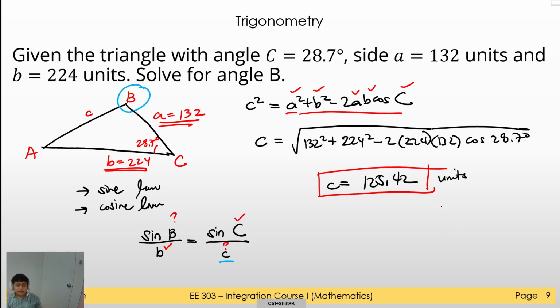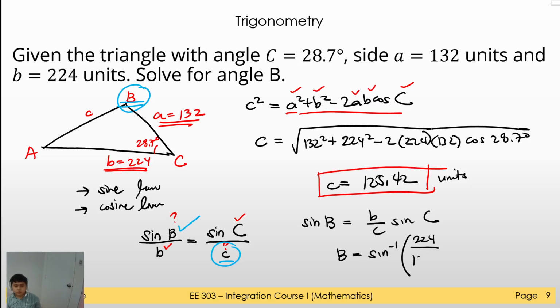And then for the angle, we are actually looking for angle B. Since this is already given, we can solve for angle B. So sine B is equal to, cross multiplying this to the other side, we have B over C sine C. Therefore B is equal to arc sine of B over C. So we have 224 over 125.42, and then sine C, which is 28.7 degrees.